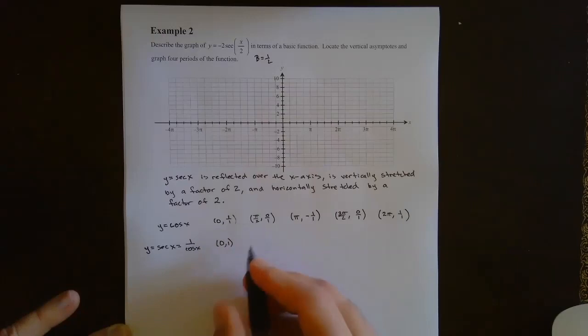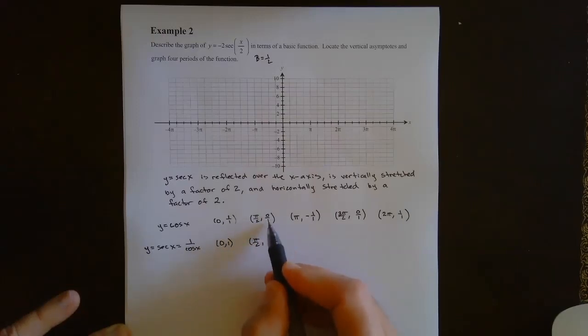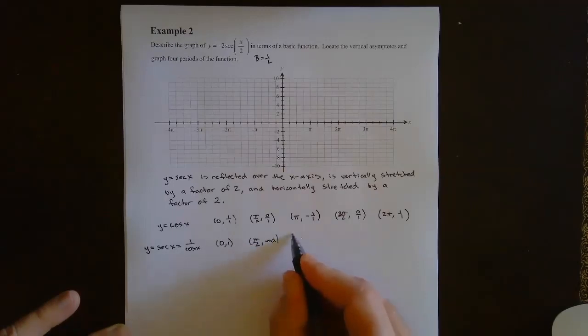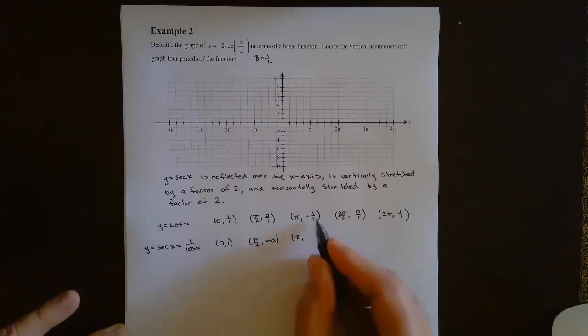At pi over 2, when I do the reciprocal of this, it's not going to be 0 over 1. It's going to be 1 over 0, and that's undefined. That's going to be a vertical asymptote. At pi, if I do the reciprocal of -1 over 1, it's just going to be -1.